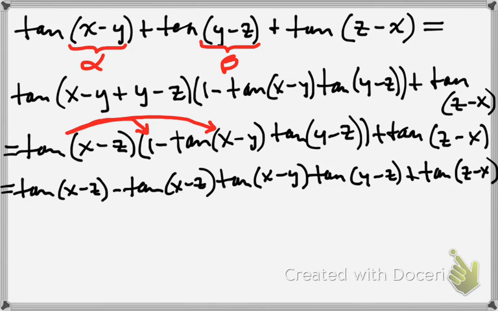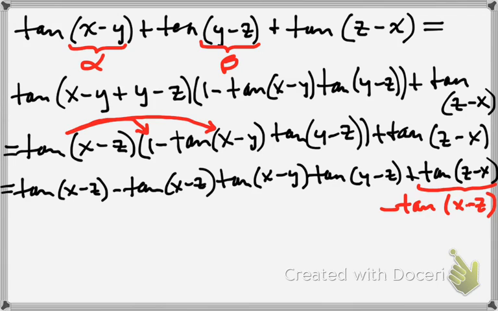Remember that tangent is an odd function. In other words, the tangent of the opposite is equal to the opposite of the tangent. Do you remember that? So the tangent of z minus x, that last term that I'm looking at, is equal to the opposite of the tangent of x minus z. I'm taking the opposite of my domain and the opposite of my function. Those guys are equivalent.